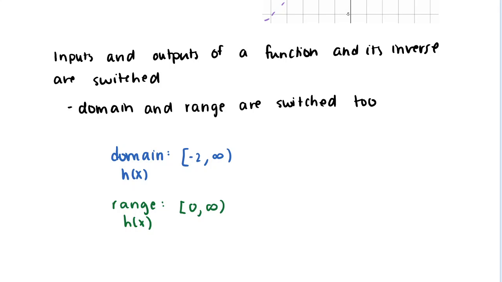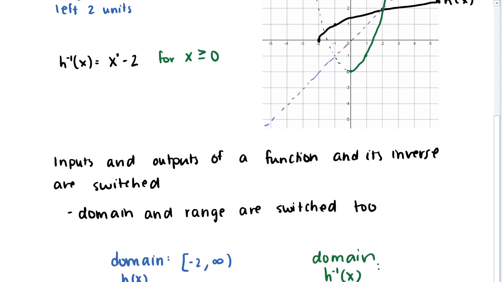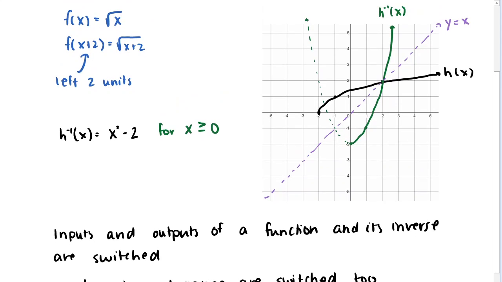And then for the domain of the inverse function, well, we swapped all the x and y coordinates, and so the domain here, we can see it's the right half of the coordinate plane. It's from x is equal to 0 and greater.